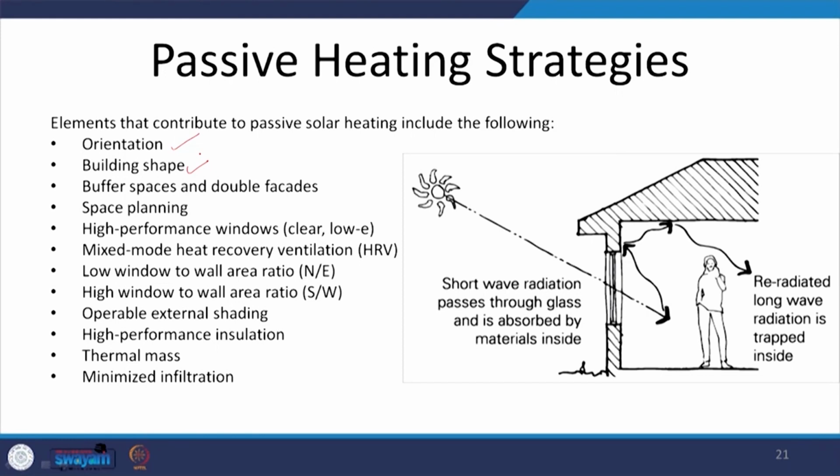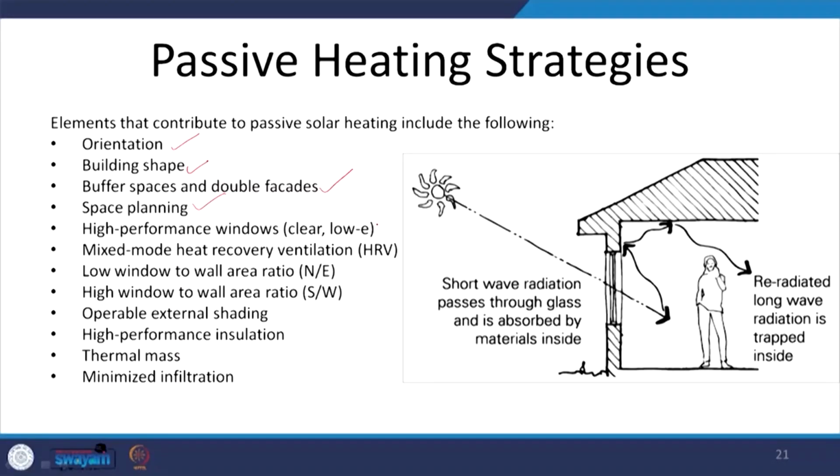We have to create buffer spaces and double facades such as the greenhouse, where the buffer spaces interact with the outdoors and store the heat received during the day and gradually pass it on to the indoors. Then the spatial planning, and in current times the material of the fenestration, such as high performance glass.